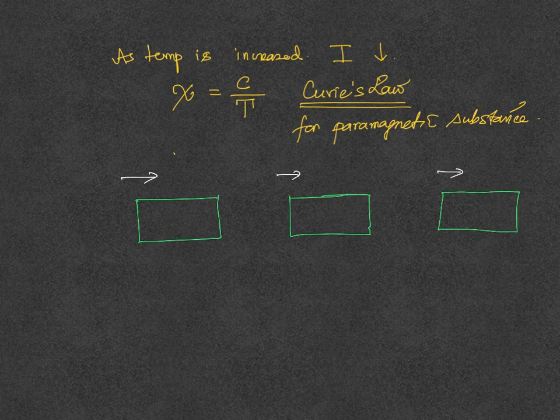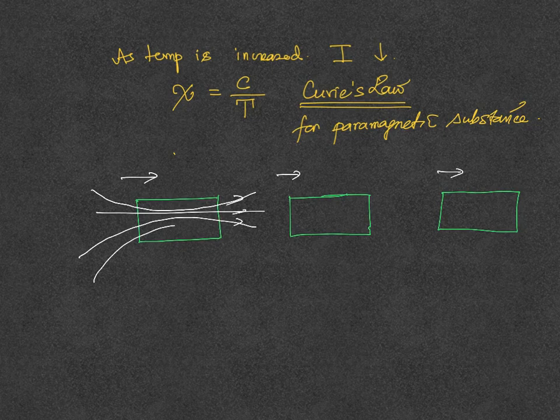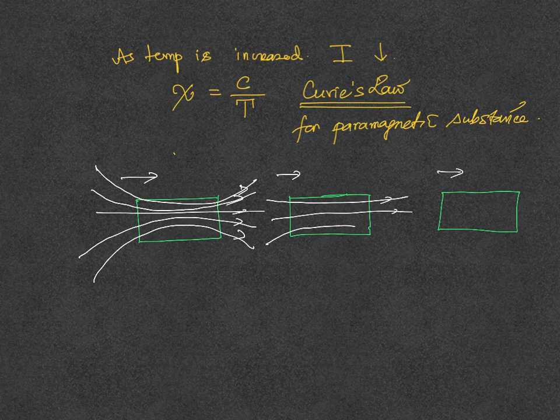In one of the cases, the external magnetic field is highly condensed inside this substance, and in one more curve the external magnetic field goes slightly inside. See, the closer the magnetic field lines, the stronger the magnetic field is.